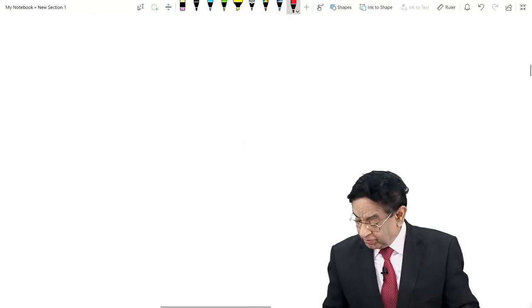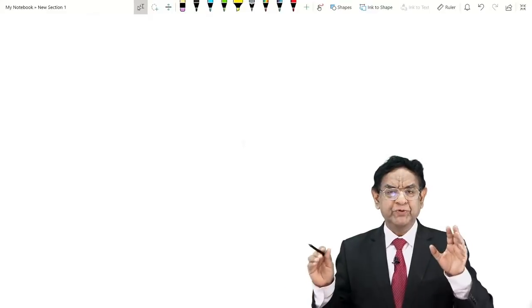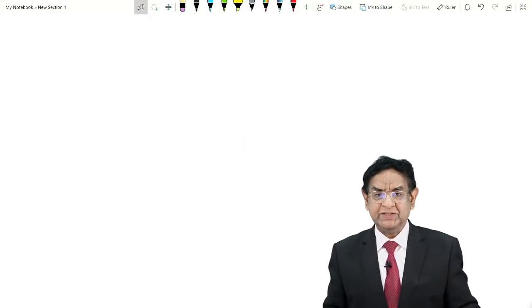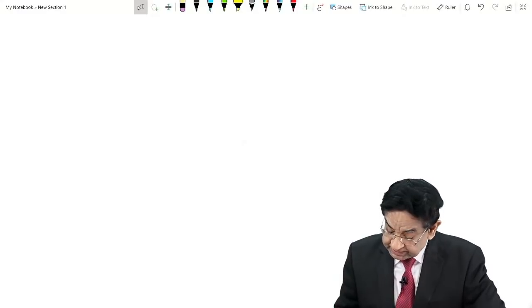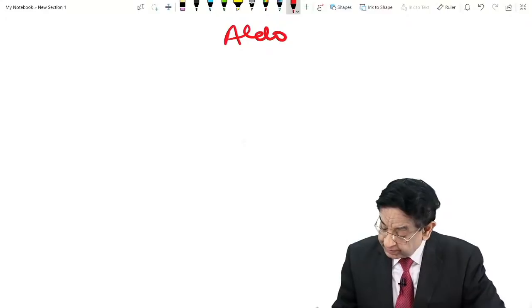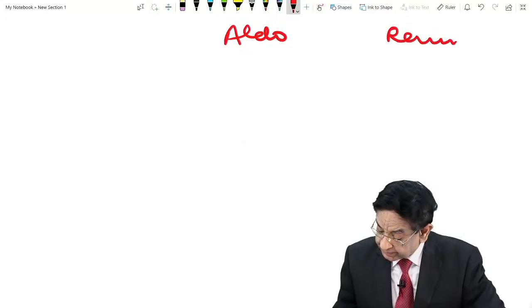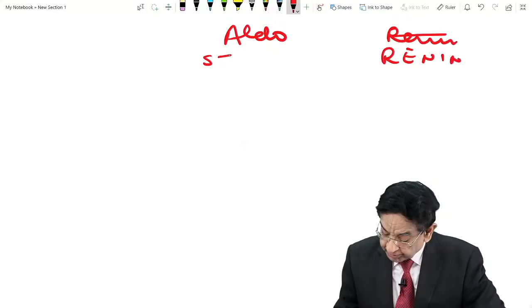Now, before I go, I must give you a beautiful chart which will make your fundas very clear. Write down: this is aldosterone level and serum renin level. Serum renin, serum aldosterone.